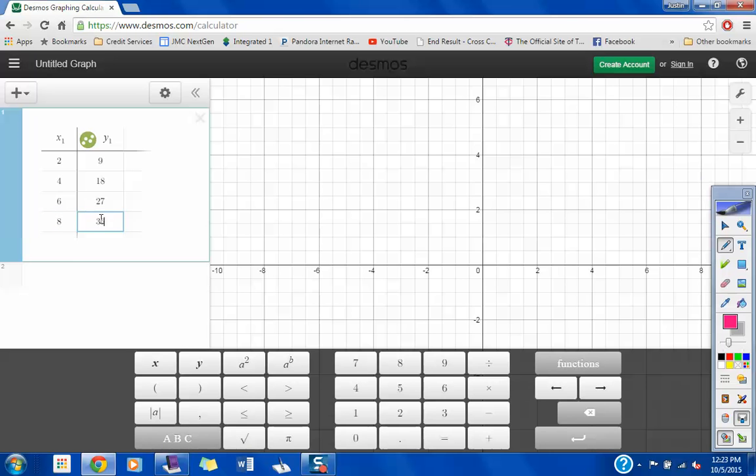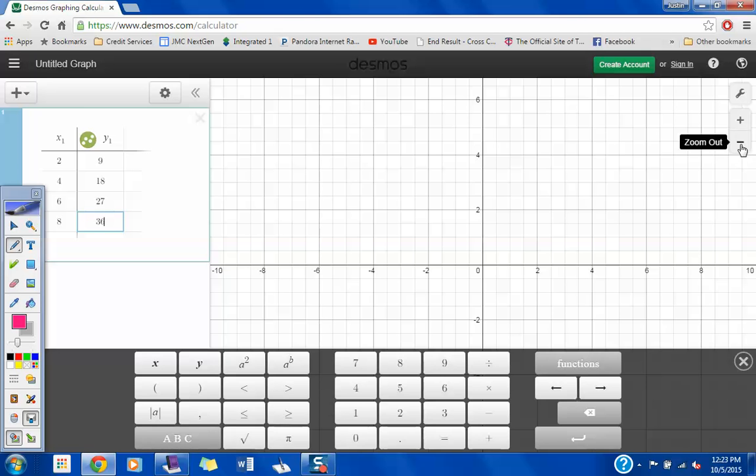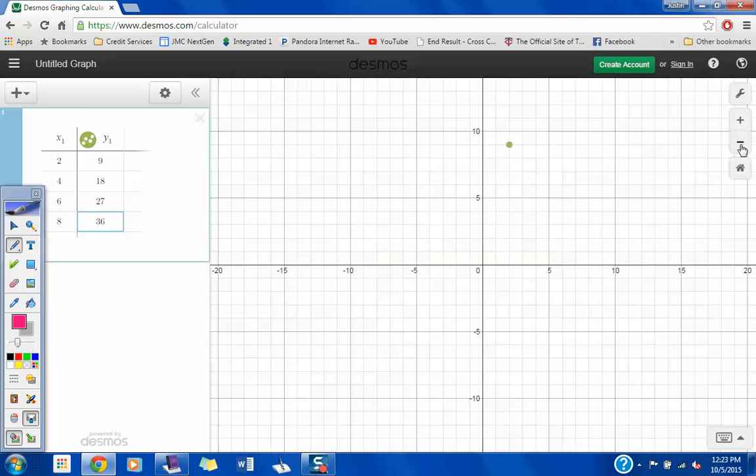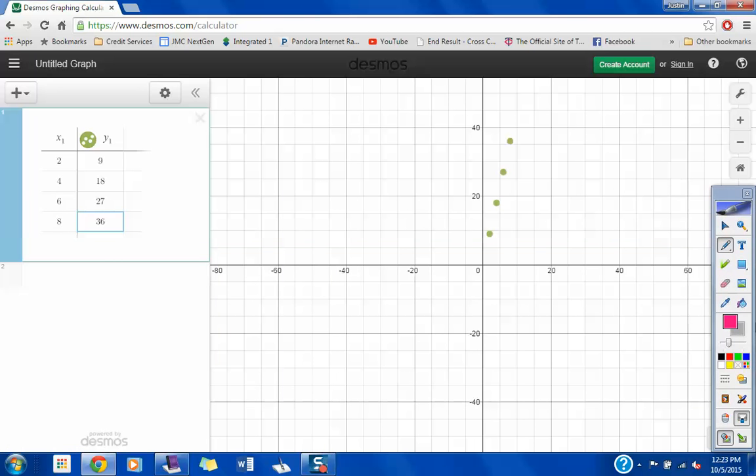Okay, now, here's the situation. Mine doesn't show up very well. In fact, it doesn't show up at all. You might have to zoom out a little bit. So click on your minus here. I can't see the table that you got there. Can you see it now? I can't even see it from zoom in a little. I'm at the table now.